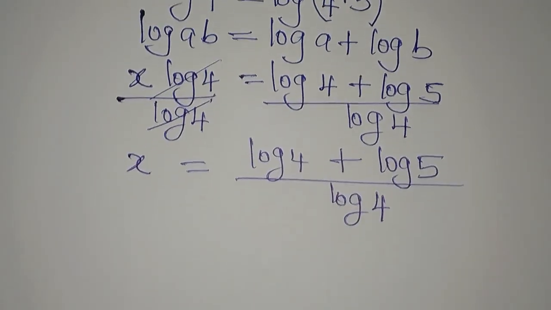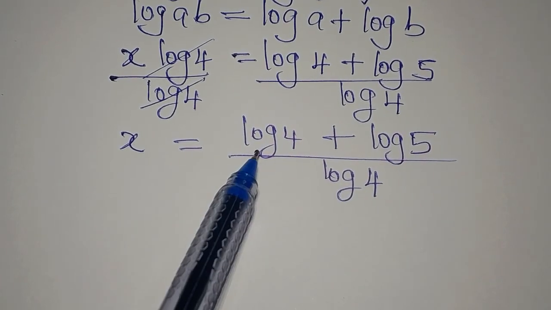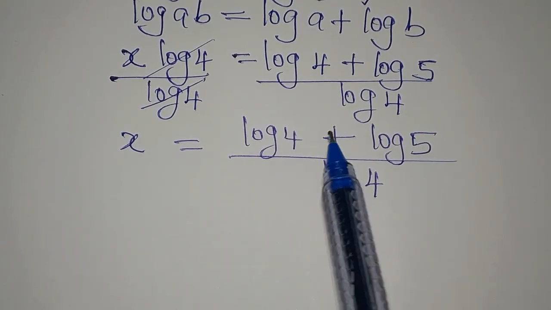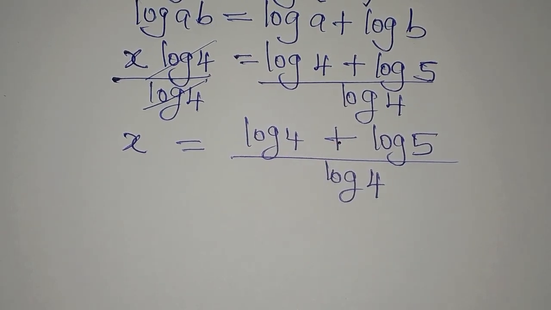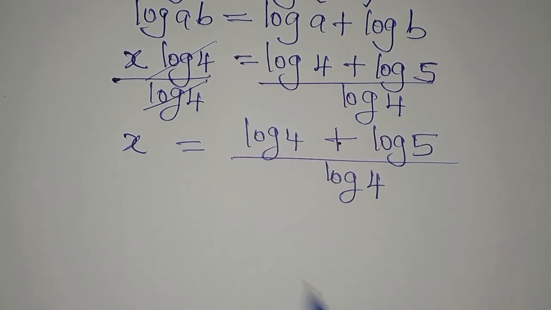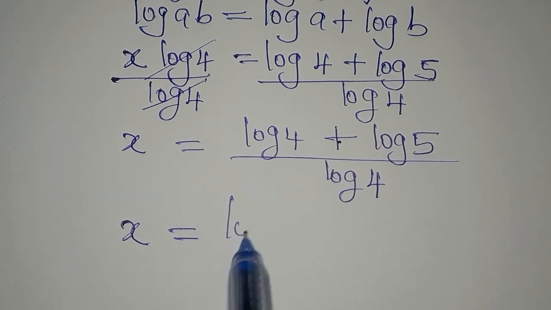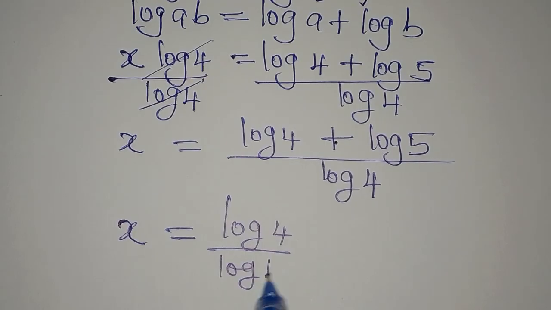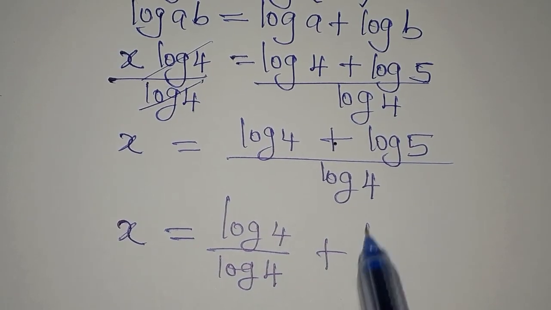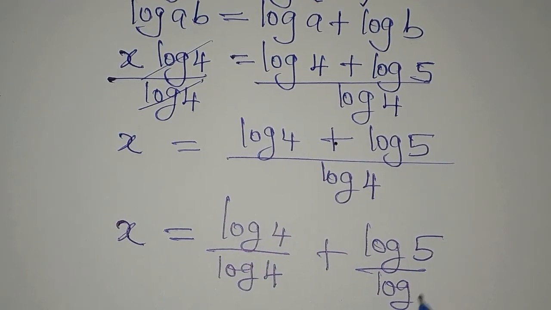Okay, and then you should know that this cannot cancel this, because what we have at the top is not multiplication. So what then do we do? This can be written as log 4 over log 4 plus log 5 over log 4.